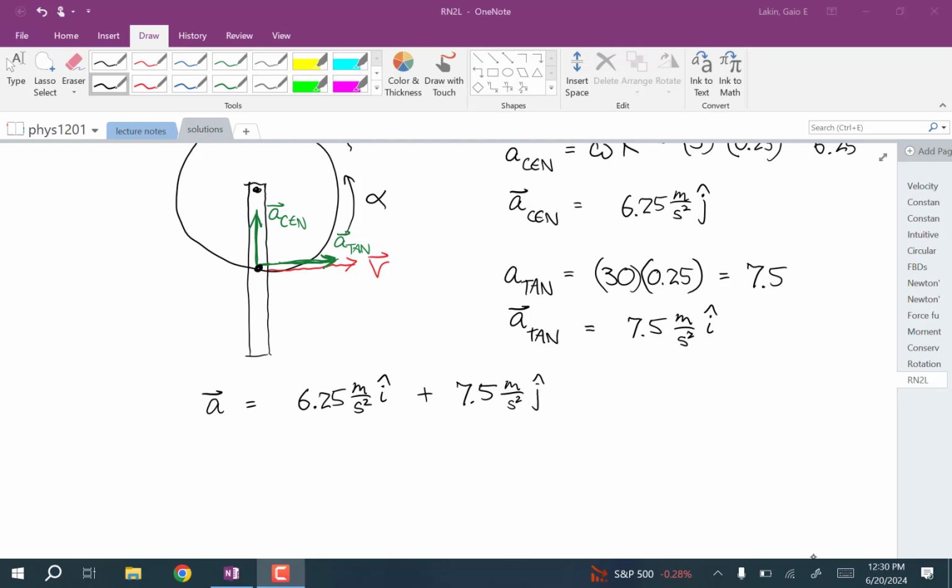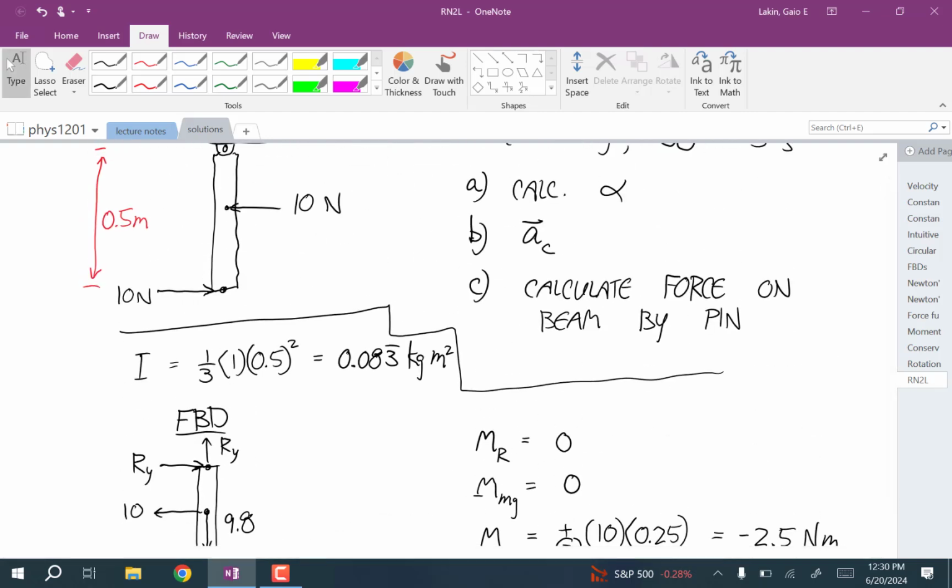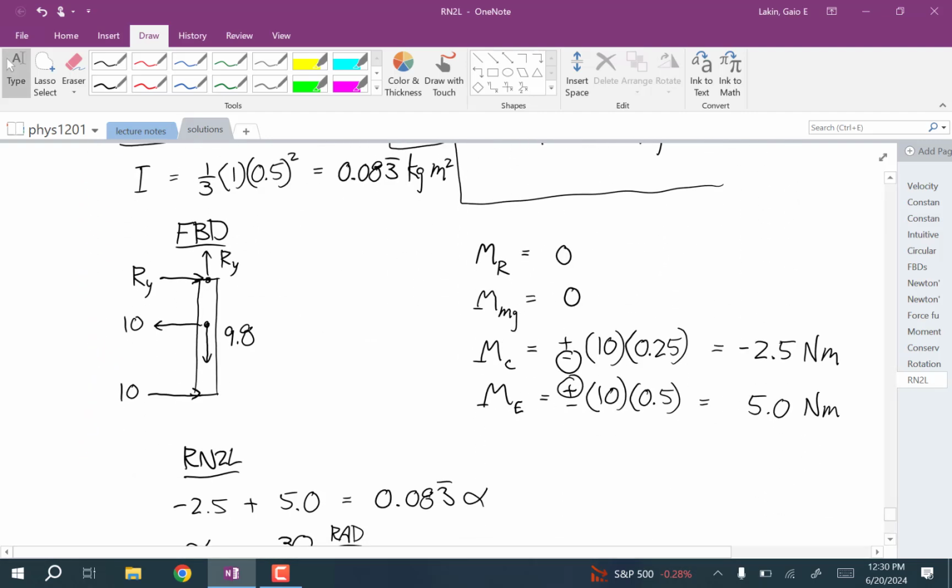And now we can use that with regular Newton's second law to calculate the force applied to this body by the pin. What we're calculating here are these two components of the force. Where's my free body diagram? Rx and Ry. And the one that's in the i direction should say x.